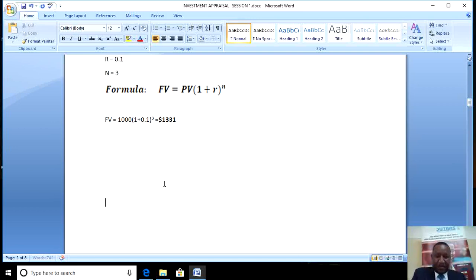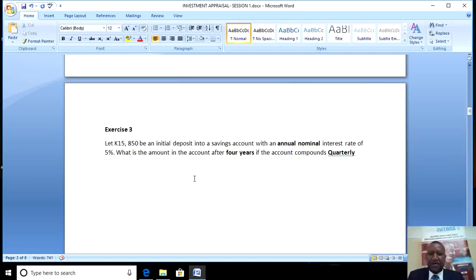I want to deal with the situation where interest is compounded in periods less than a year, and you need to adjust your R and adjust your N as well. So let's look at this question. Exercise number 3. Let 15,850 be an initial deposit into the savings account with the annual nominal rate of 5%.